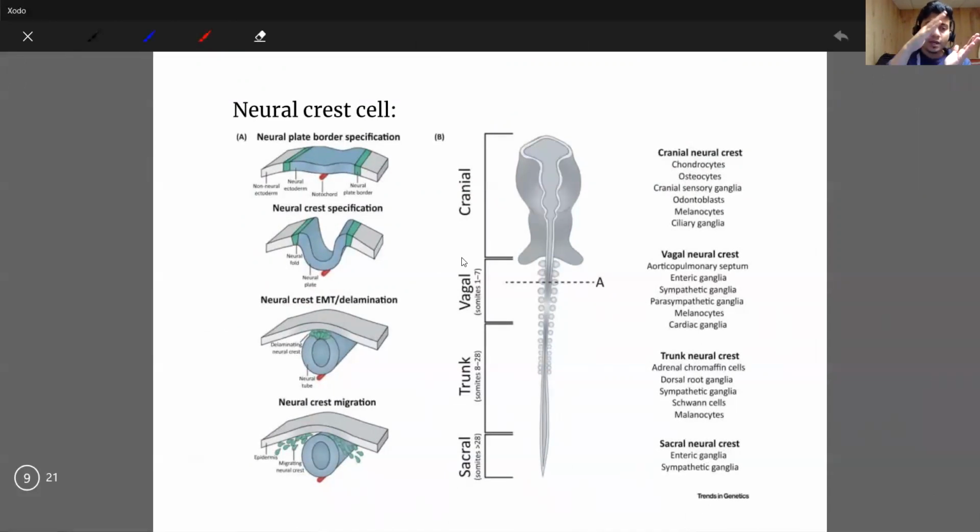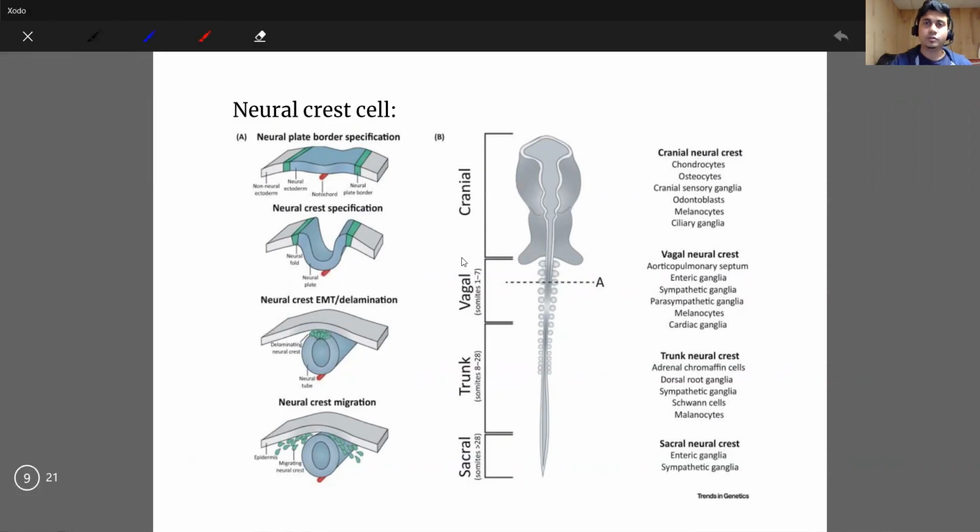Then eventually it converts into a three-layered disc, which we call the trilaminar disc. The top one is the ectoderm, the middle one is the mesoderm, the bottom one is the endoderm, right? Now, on the superior surface of the ectoderm, underneath the ectoderm, there's a tube that grows.